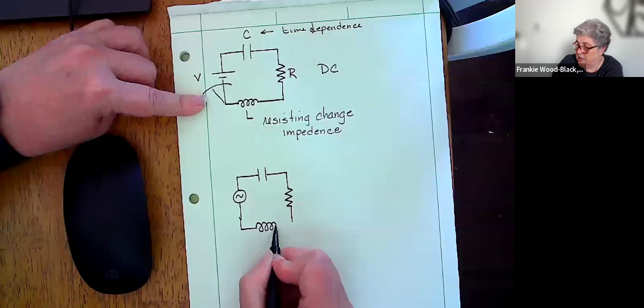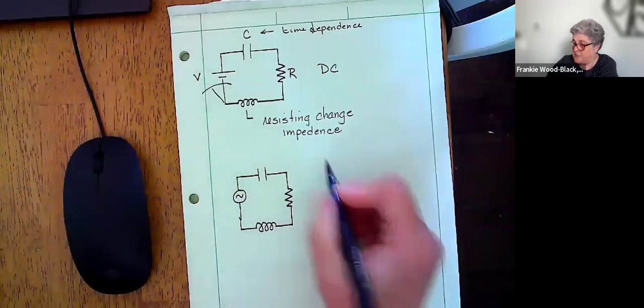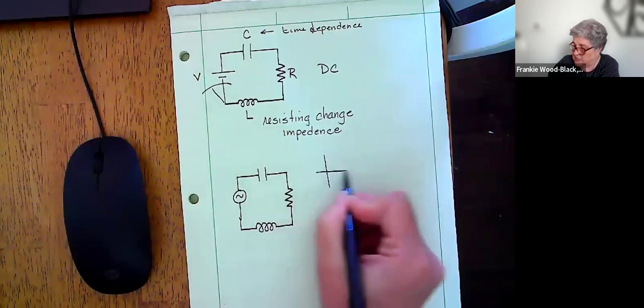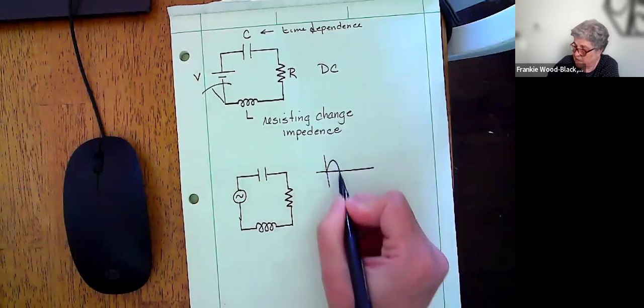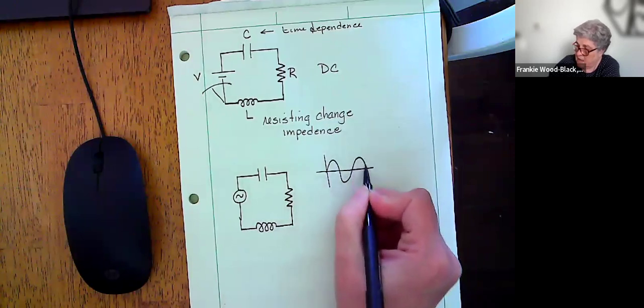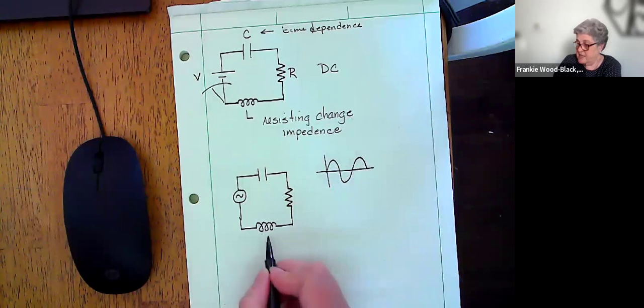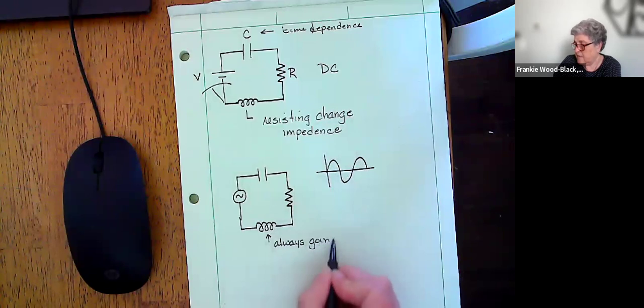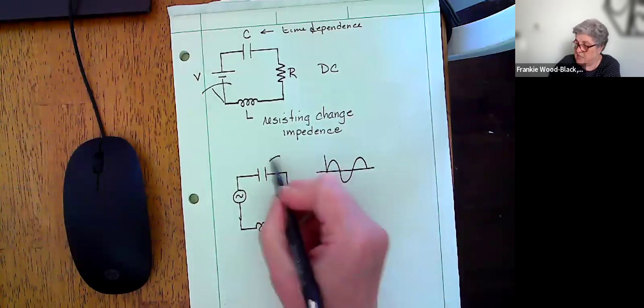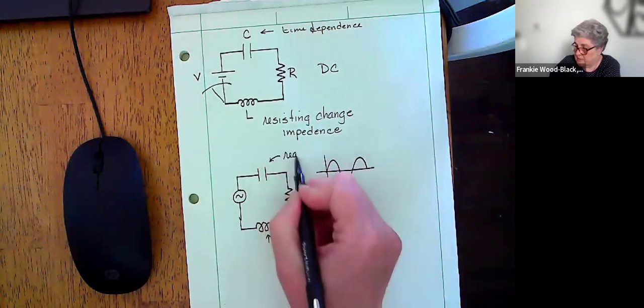Well, if my AC current is always changing, so my current in my system looks like this, guess what happens? This is always going to react. And this is always reacting.